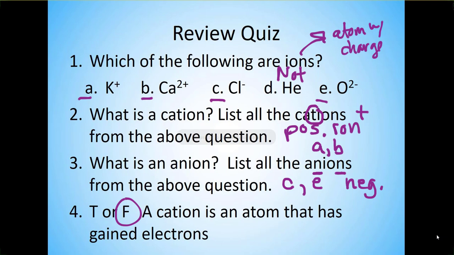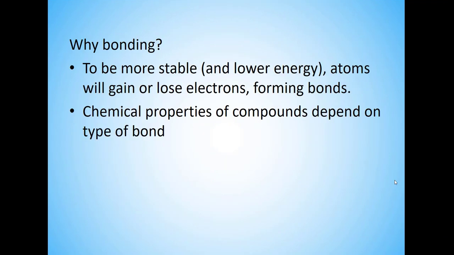In this whole unit, we're talking about bonding, and in bonding, why do atoms bond? They bond because they become more stable. And besides becoming more stable, they also are lower in energy. So the noble gases, they are stable by themselves, so that's why the noble gases do not bond.